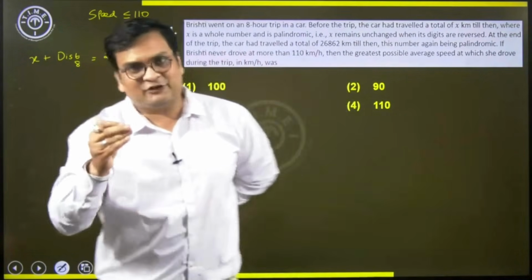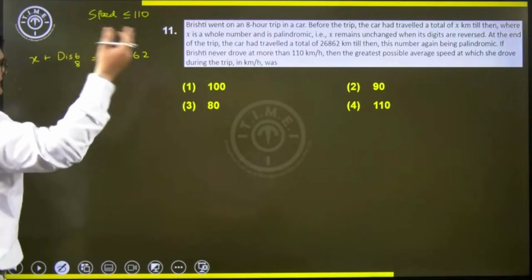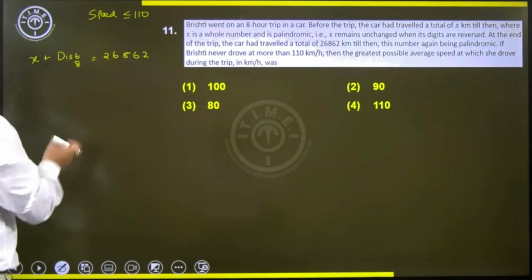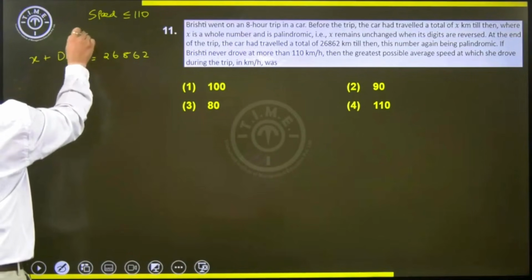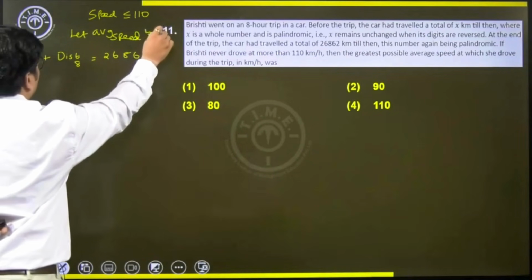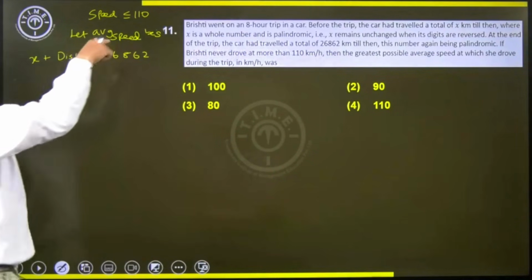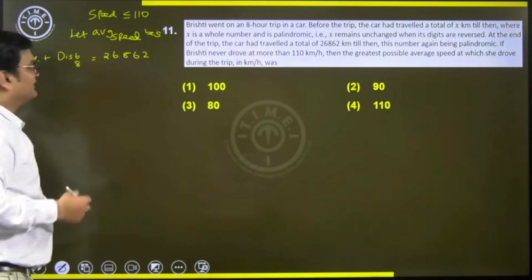So, we know x is a palindrome. We know 26862, the final result, is also a palindrome. Also, let the average speed be s. Now, can I say that the average will also be less than or equal to 110? It can never cross 110 because the speed has never gone beyond 110.